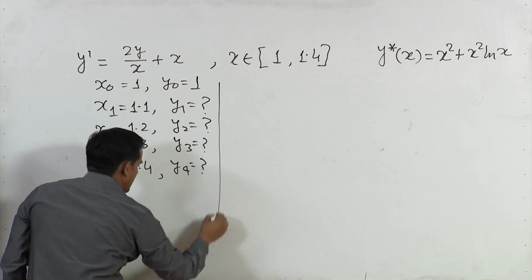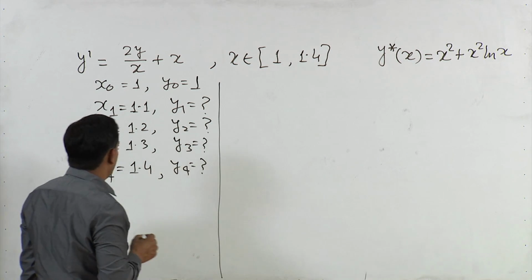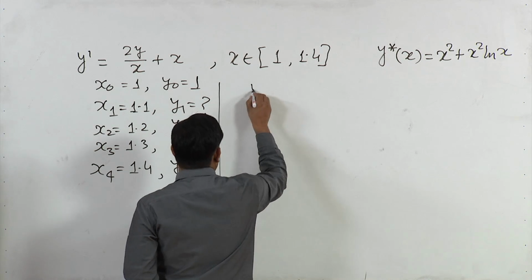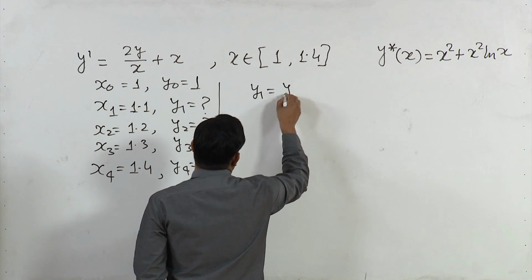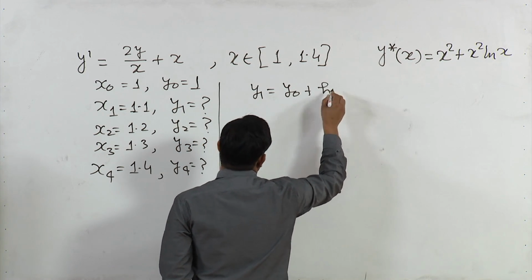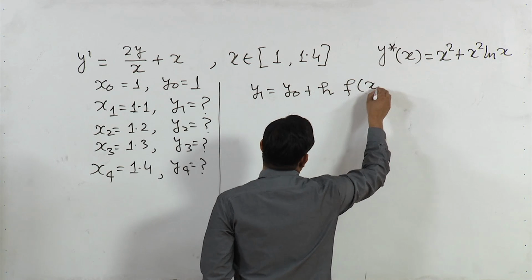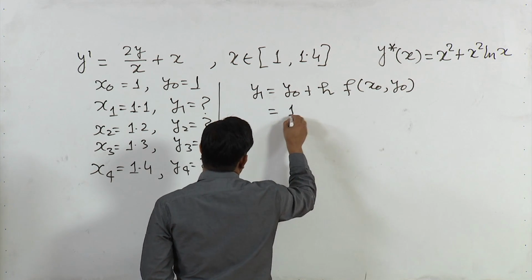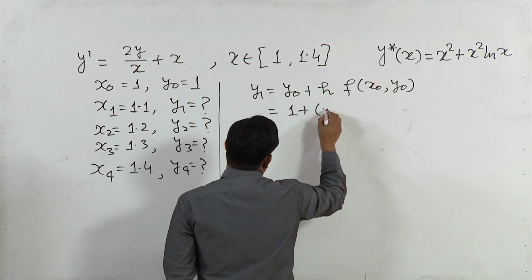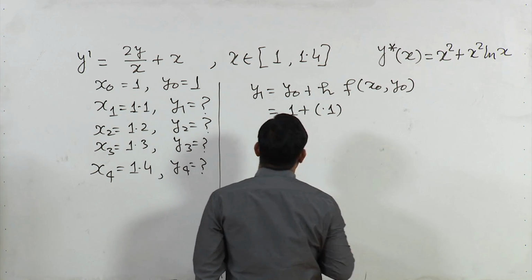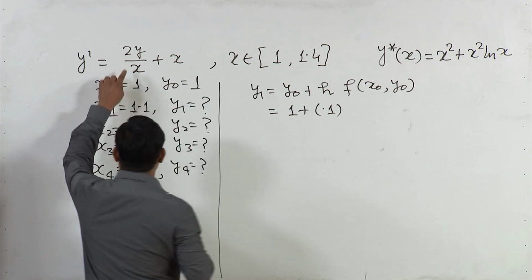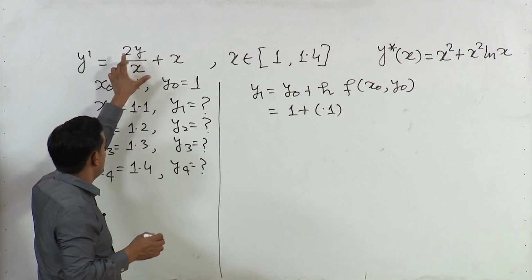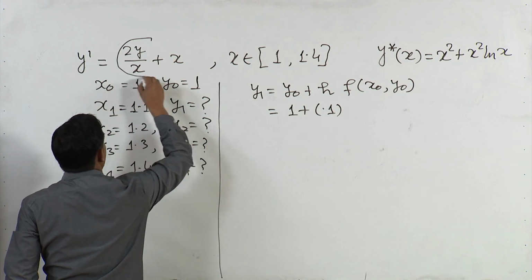So, let us first calculate y1 using the Euler's modified method. y1 is given as y0 plus h times f of x0 y0. So, y0 is 1 plus h is 0.1 here, f of x0 y0 can be calculated from this, because it is my f of x y.